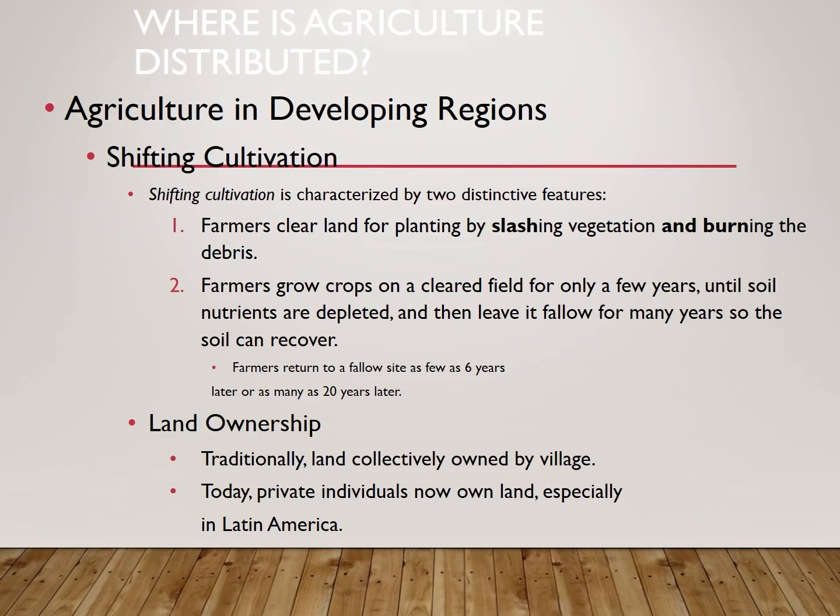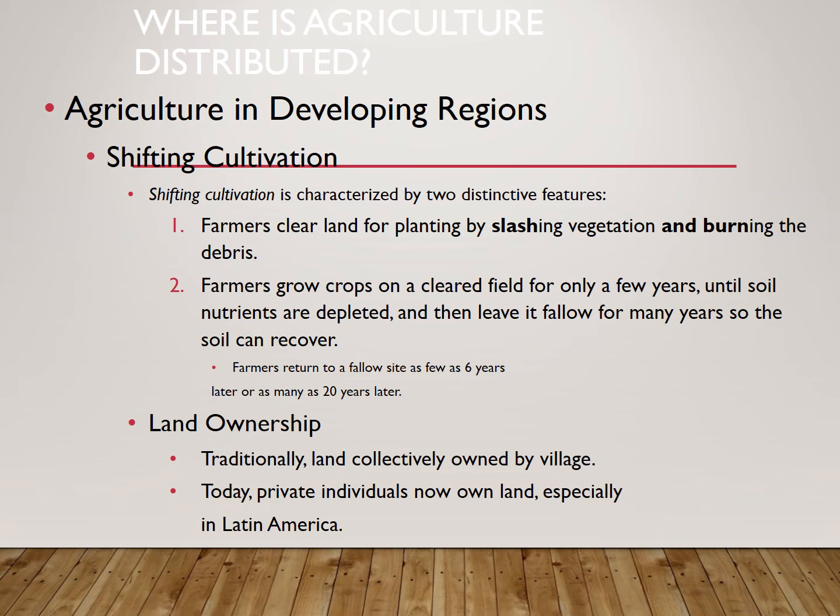Shifting cultivation, this is the one that's also known as slash and burn. And that's because it's one of its distinct features. The first one being that they clear the land by slashing the vegetation, cutting it down, and then burning it. And then the second thing is that farmers grow crops on a cleared field for only a few years.